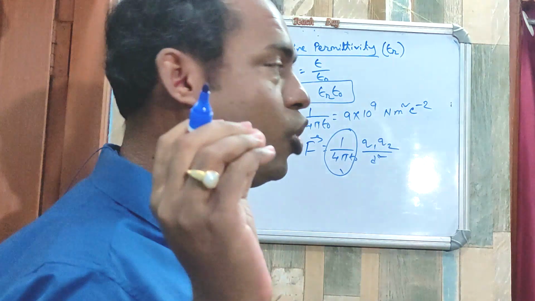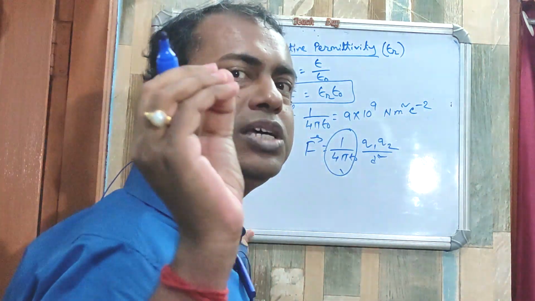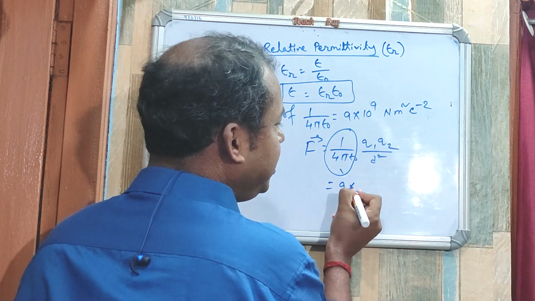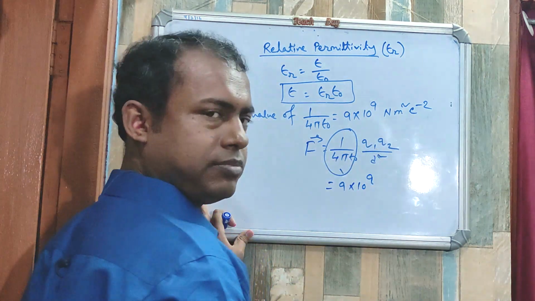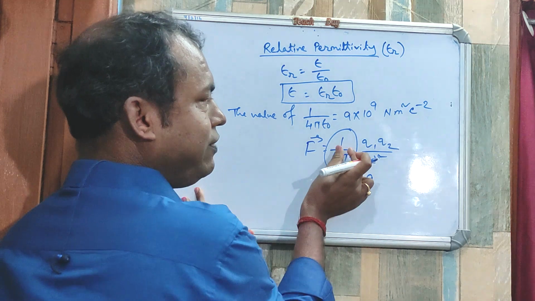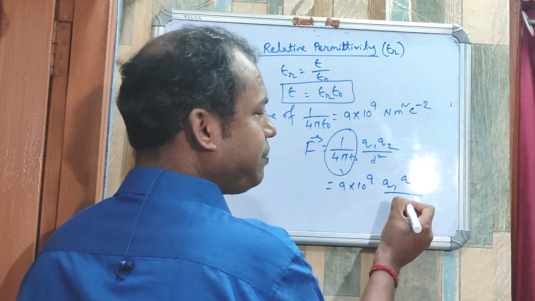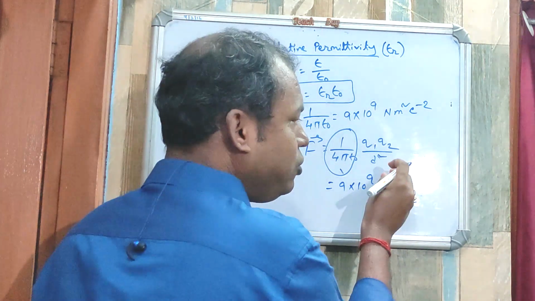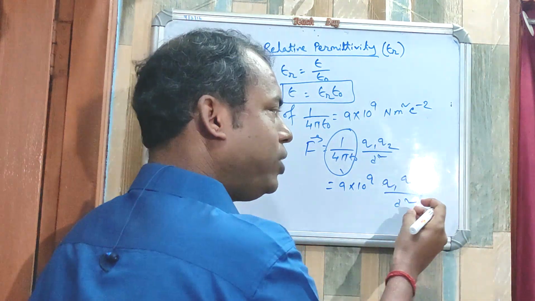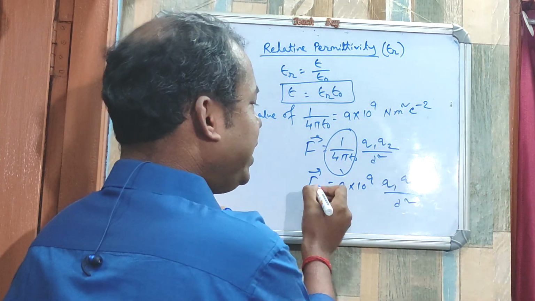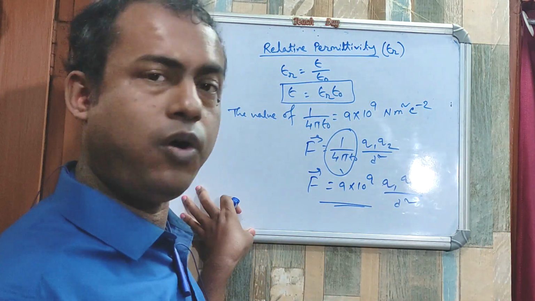When you solve numericals, remember that the value of 1 by 4 pi epsilon 0 is 9 into 10 to the power 9. Just put the value there, along with Q1 into Q2 by d square. If I know the values of Q1, Q2 and d, we can put the values in and easily find the value of the force.